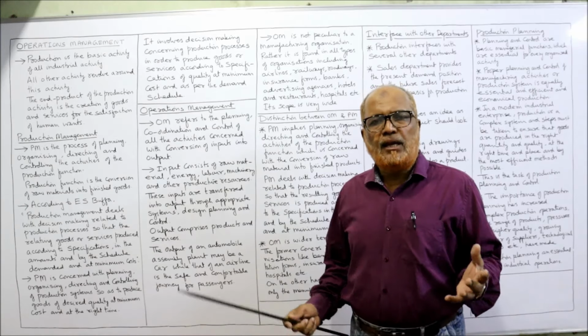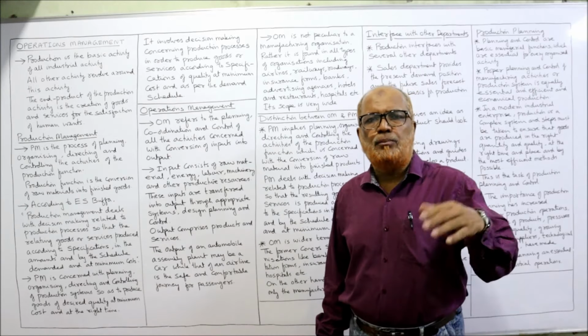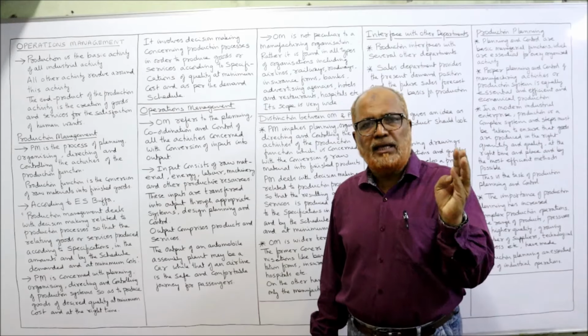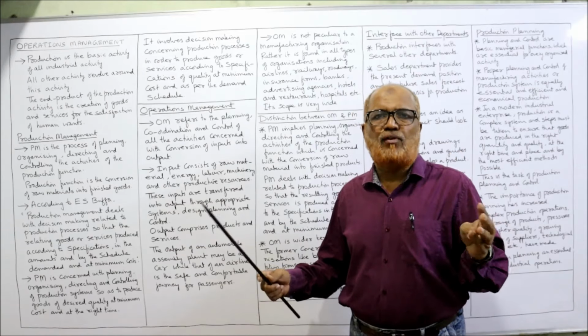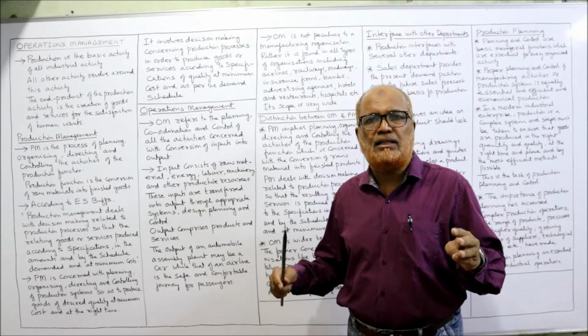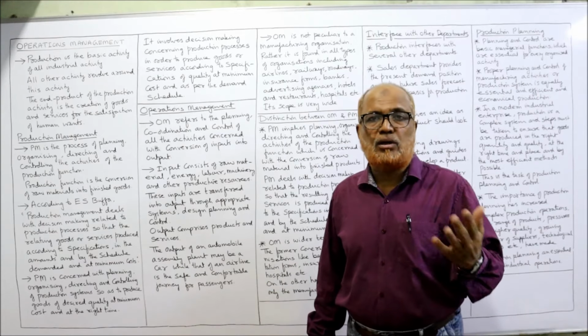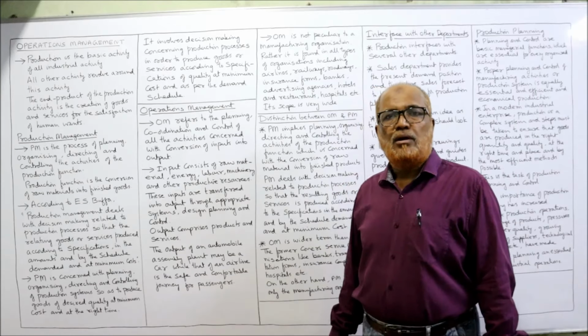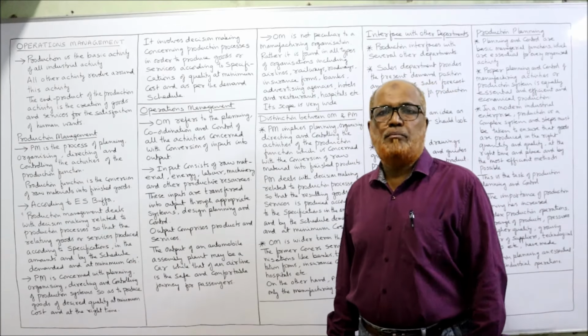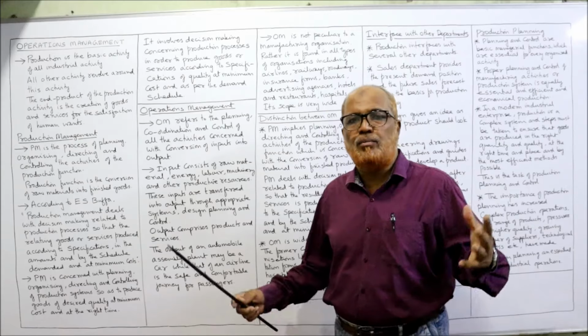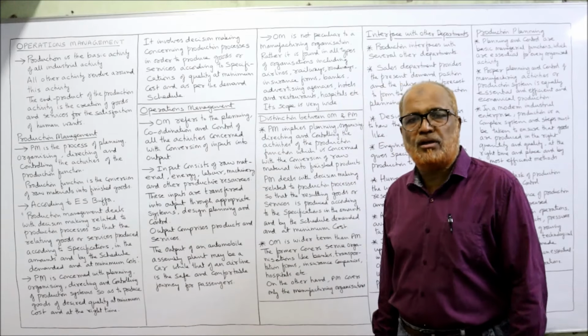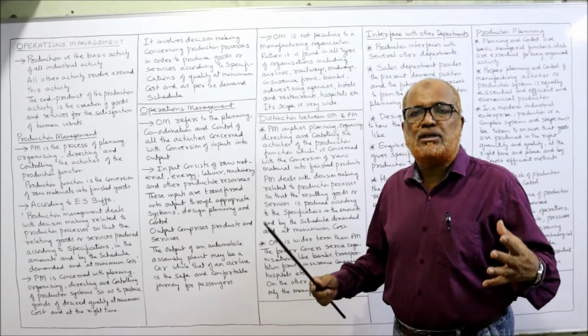Normally, in any manufacturing organization, the input used will be raw material, then energy in the form of power or any other direct source, and apart from that, labor. Without labor we cannot conduct the production. Then machinery; nowadays, due to mechanization, every business organization uses machinery and all other productive resources.